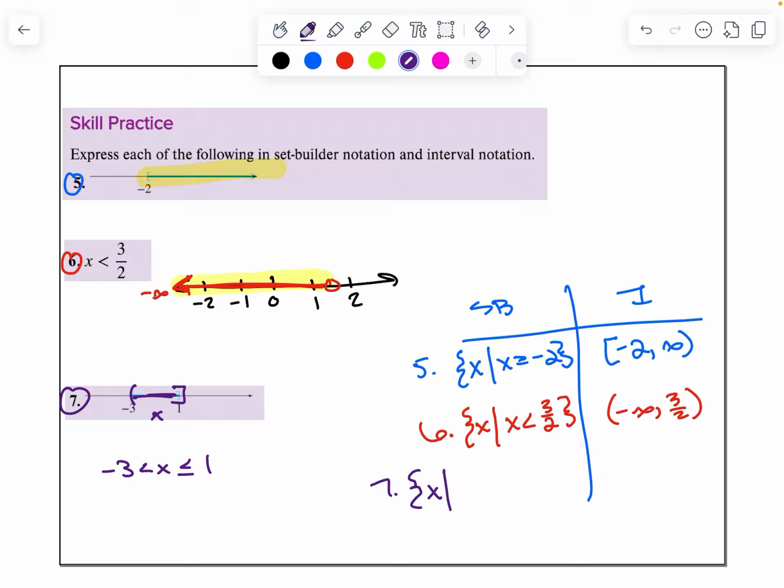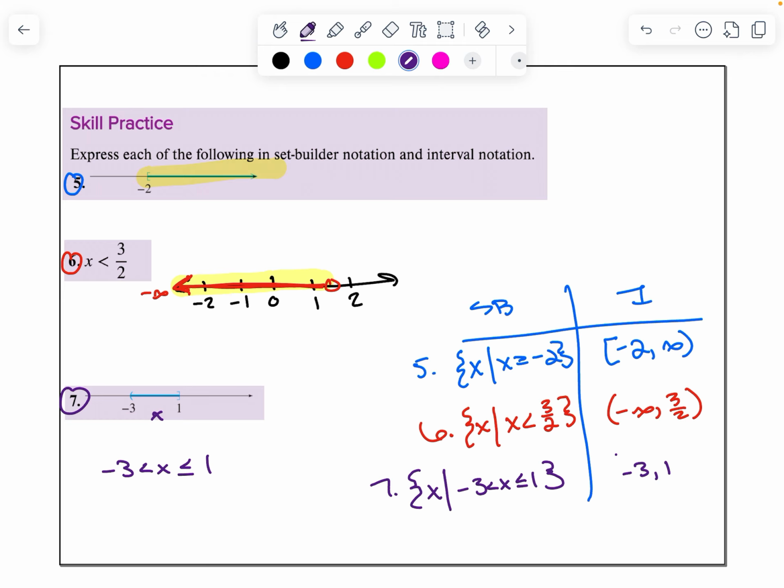This had a parenthesis, so we're just saying less than. -3 is less than x is less than or equal to 1. That's going to go in our set builder notation. And then our interval notation, where is it shaded? It's shaded from -3 to 1. Going left to right, it's shaded from -3 to 1.